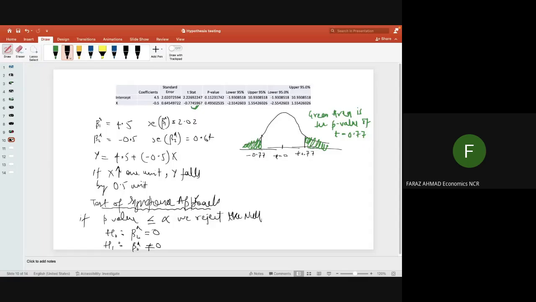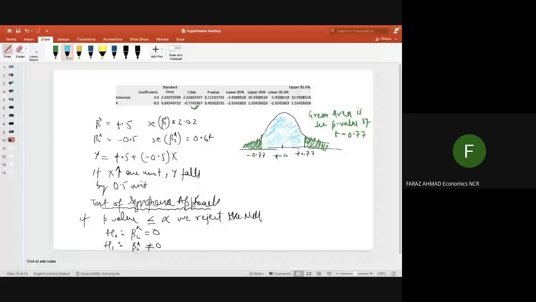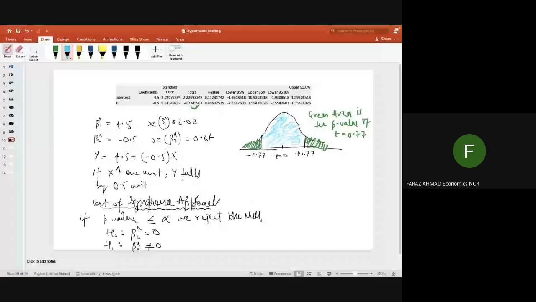So we have to locate this t statistic on the graph, and then we see what is the area under the graph. So we have two areas: area in the body, and then area in the tails. So area in the tails is the p-value of the t statistic, and t statistic is nothing but the adaptation of beta 2 hat onto a scale which is general and common, like t.